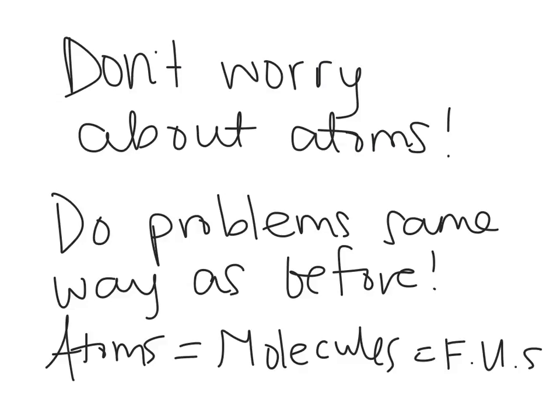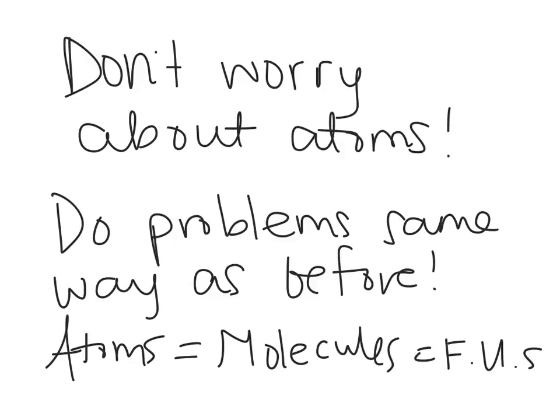And the last thing I want to say is to not fret about doing problems that involve atoms of compounds or molecules or formula units. Just remember that those 3 things all mean the same thing. So atoms is the same thing as molecules, which is the same thing as formula units. So if you see that in a problem, don't freak out. Just do it the same way that you've been doing. You remember that Avogadro's number is your goal for this.